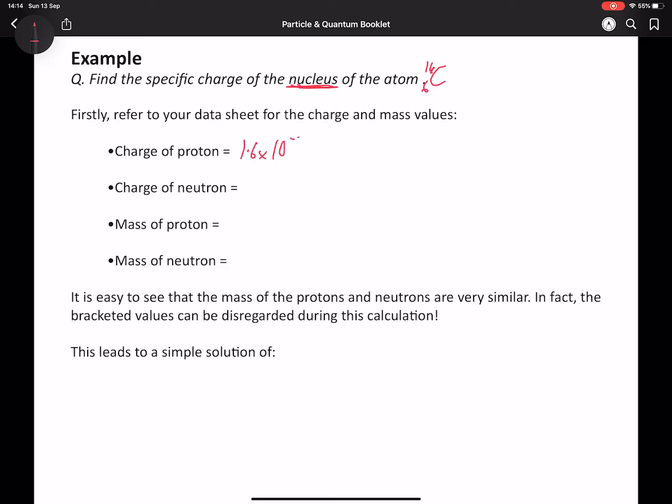Now taking our key values from the datasheet, we know that the charge of a proton is 1.6 times 10 to the minus 19 coulombs. Charge of a neutron, 0 coulombs. The mass of the proton and the mass of a neutron are both 1.67 times 10 to the minus 27 kilograms. Which means we can actually lump together all of the nucleons. So everything in the nucleus, in terms of mass, can be clumped together.